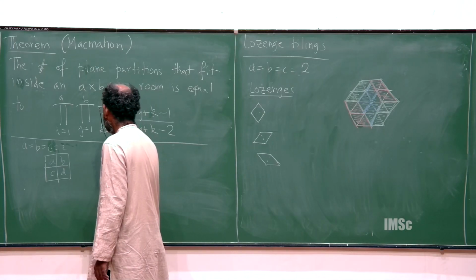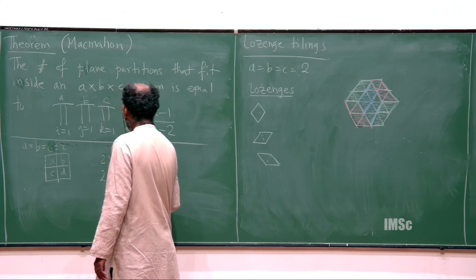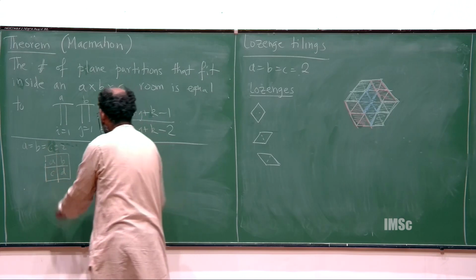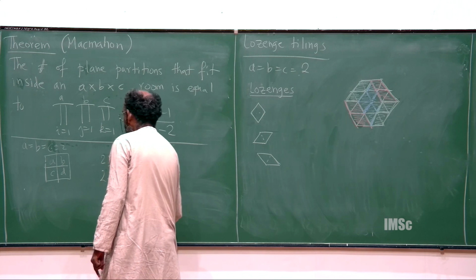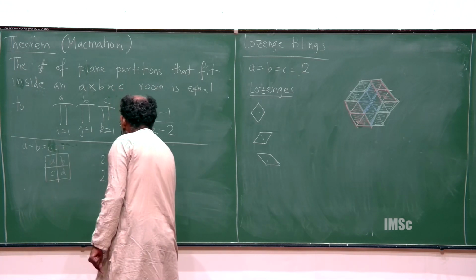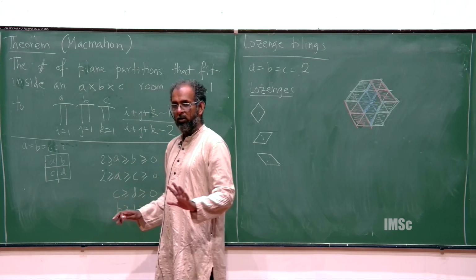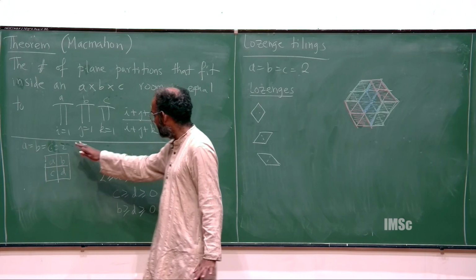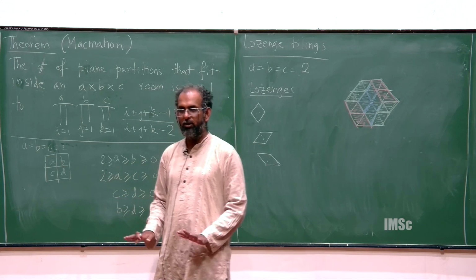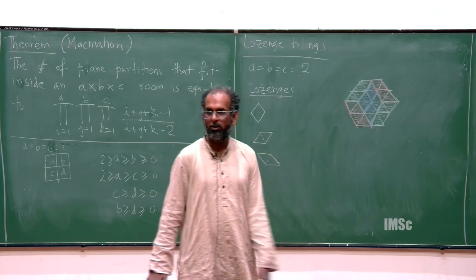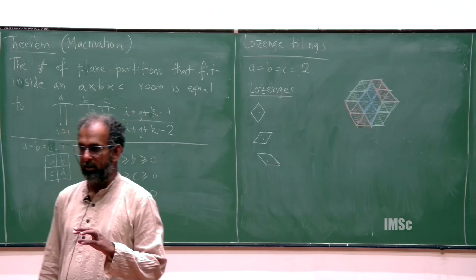Similarly, 2 is greater than or equal to A is greater than or equal to C is greater than or equal to 0 along this column. And along this row, C is greater than or equal to D is greater than or equal to 0. And along this row, B is greater than or equal to D is greater than or equal to 0. So you have to put 4 integers A, B, C, D which satisfy these conditions, and I claim there will be 20 of them, exactly in correspondence with the 20 plane partitions. So it's parameterized by 3 numbers instead of 1.